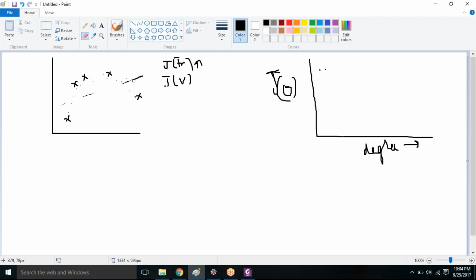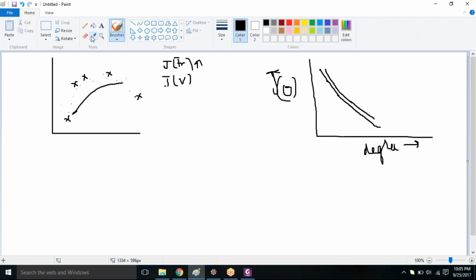Suppose degree 2 is something like this. Again both will decrease a little bit. So now I am moving forward: as I increase the degree, both will decrease.